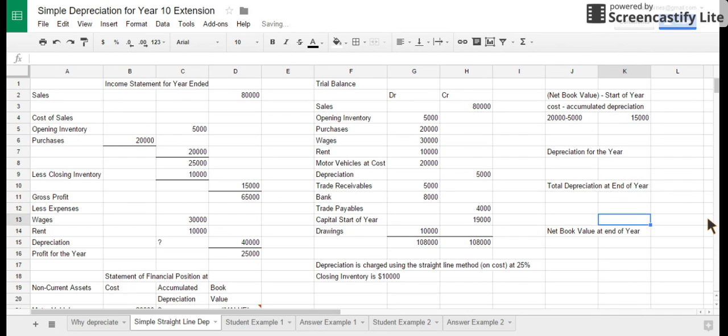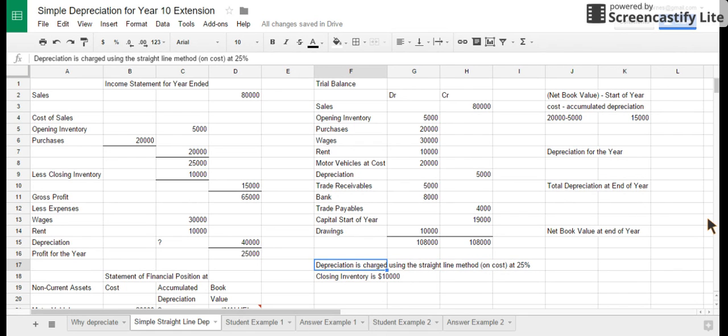During the year, and where we need to look down here is additional information on the trial balance, we're told that the vehicle is going to get depreciated at 25%. You'll see one of two things in there. You may hear it called the straight line method, or they may say it's going to be depreciated on cost. It means the same thing either way if you've got a percentage in the straight line method.